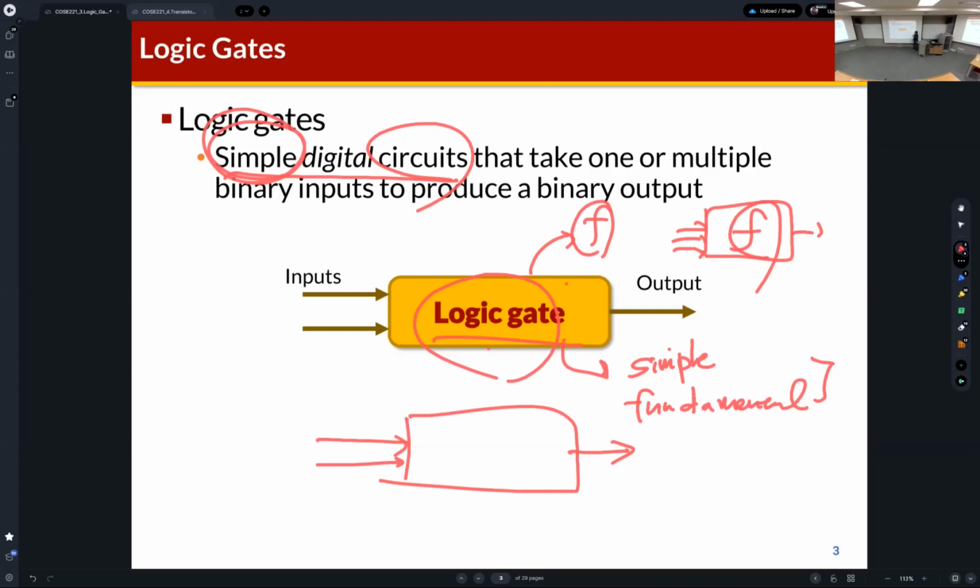We also need to define the function of a logic gate, and based on the function, the logic gate generates the output signal. This output signal is also a digital signal, right?